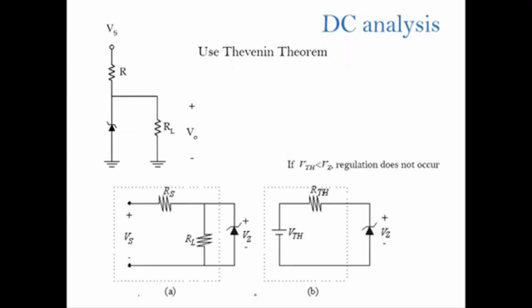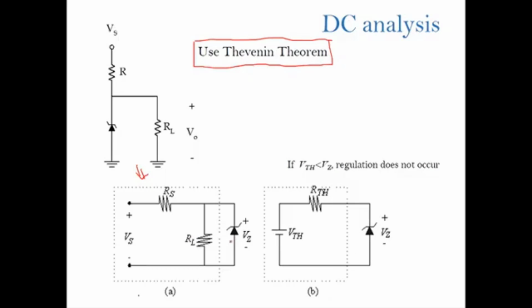Okay, when we have the load connected in parallel with the Zener diode, the common way to analyze the circuit is by using the Thevenin theorem. So this circuit can be redrawn something like this, and then the positions of RL and Zener can be switched because this is in parallel.